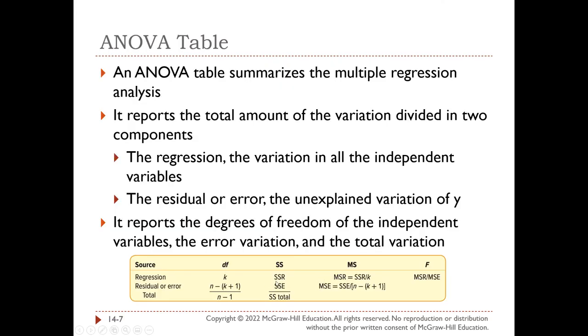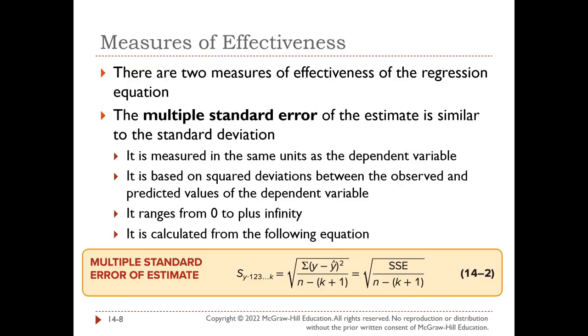Okay, so there's our sample standard error right here, SSE. So regression sum of squares, and our residual error sum of squares. Now, there are two measures of effectiveness of the regression equation.